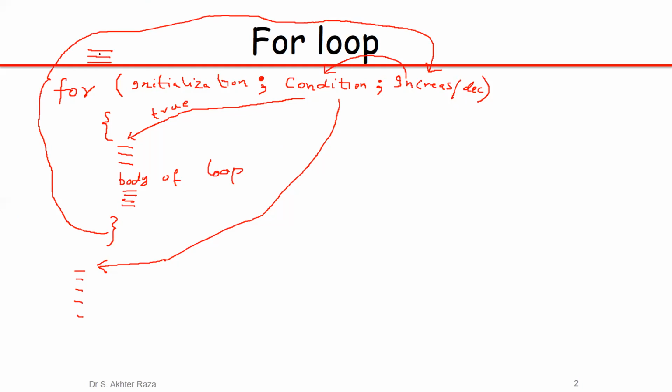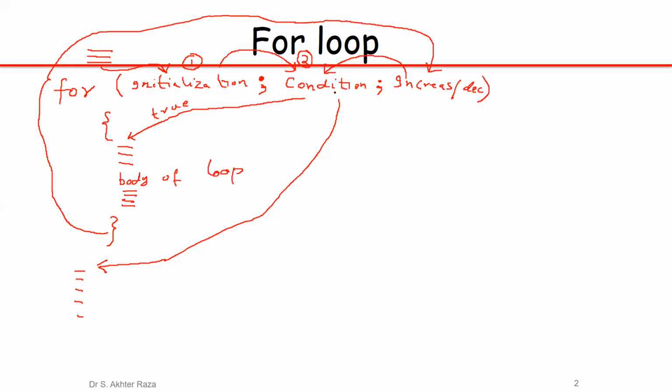Suppose these are the 3 lines which are executed before the loop. After completing these 3 lines, control comes here, to initialization. So this is the first element inside the loop. Whenever we enter into the loop, initialization is executed. After initialization, the second thing is the condition. If the condition is true, then the body of the loop will be executed.